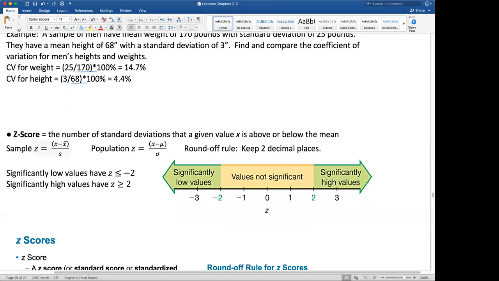The z-score for a sample data set can be calculated by (x minus x bar) divided by s, where x is the data value, x bar is the sample mean, and s is the sample standard deviation. This tells us how far the data value is from the mean as a number of standard deviations. For the population, the z-score is (x minus mu) over sigma.